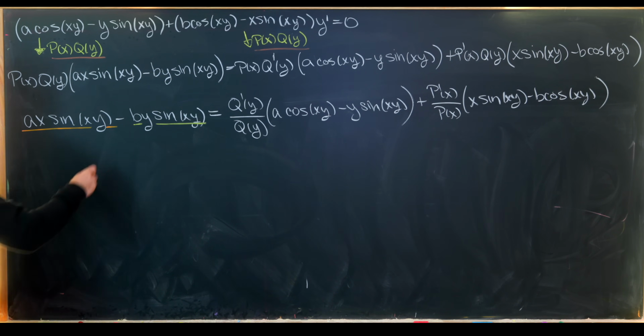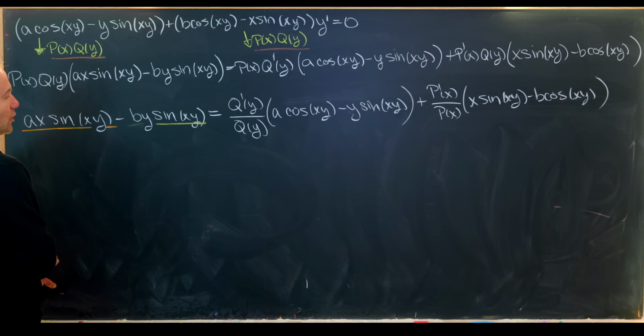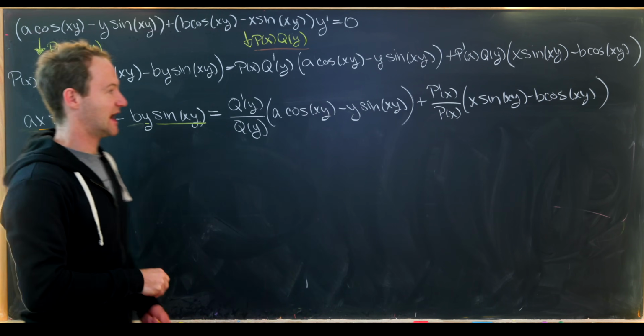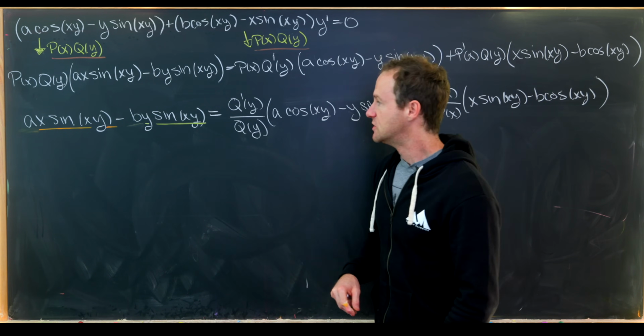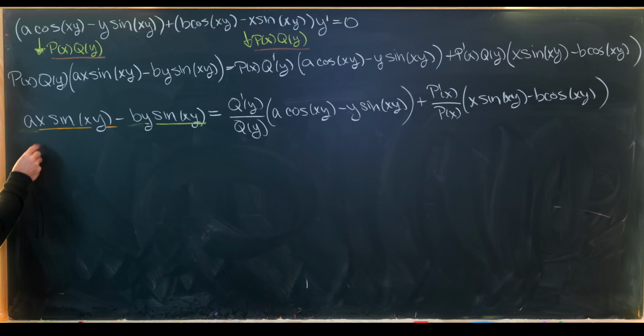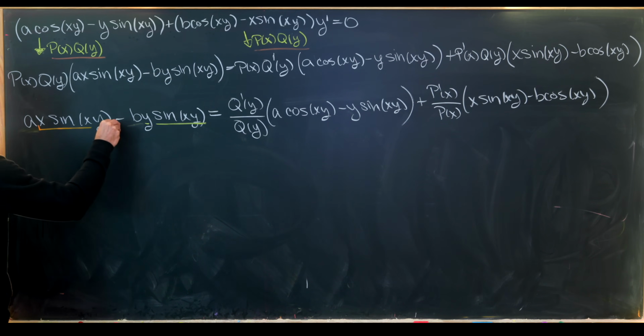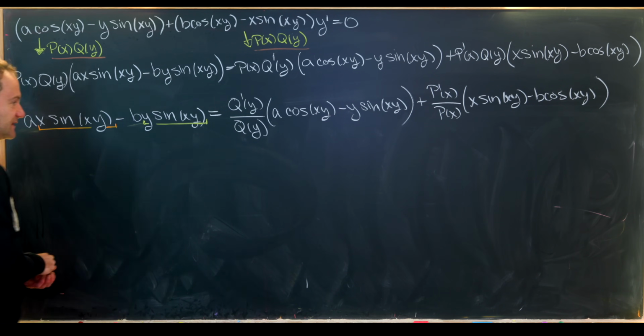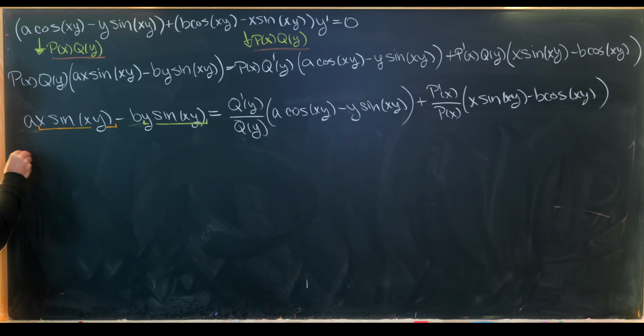Or maybe more generally, we have this y sine xy and this x sine xy, and then one of them is attached to the constant b and one of them is attached to the constant a. So in my mind, that motivates us to extract the coefficients of x sine xy and y sine xy from both sides of the equation and see where that leaves us.